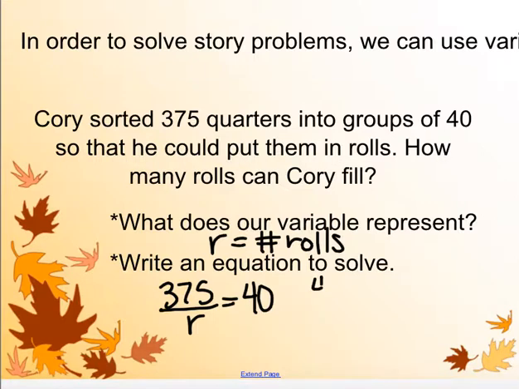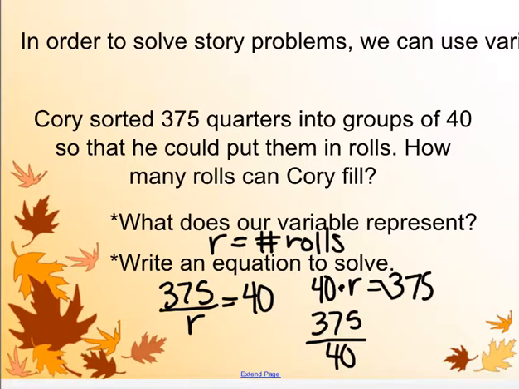We could say 40 times the number of rolls we have is going to give us how many total coins. And lastly, we could say, well, we just have 375 divided by how many can go in each roll to give us the number of rolls. Well, when we do that division, 375 divided by 40, let's see, 40 can't go into 37, but 40 can go into, let's see, 360.